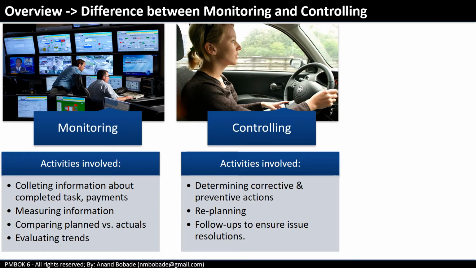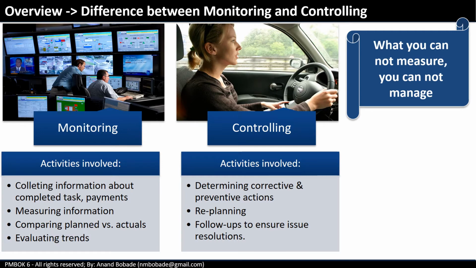So all these are the activities involved in the controlling part of the monitoring and controlling process. Going forward, we will be talking about lots of measurement values. So keep in mind, what you cannot measure, you cannot manage. So always work with numbers.